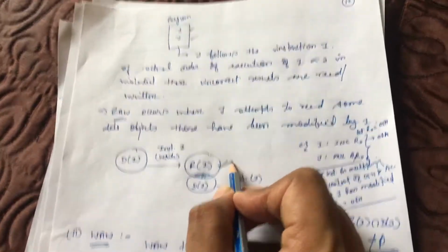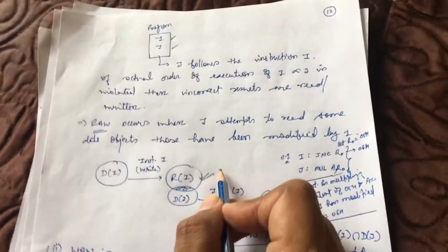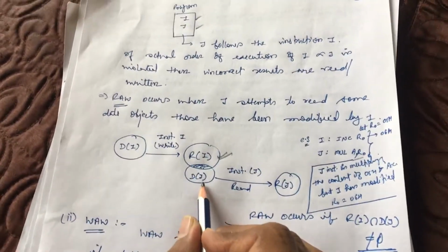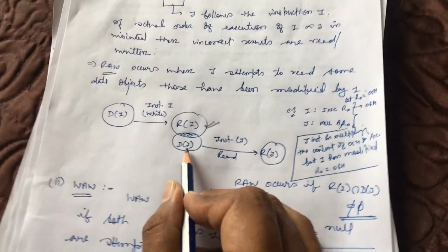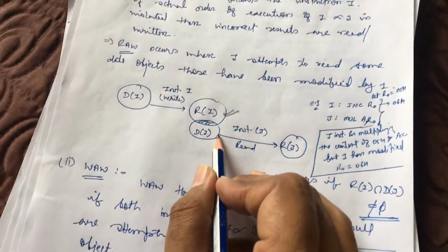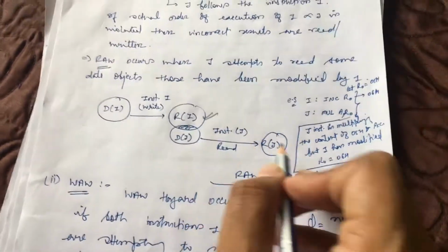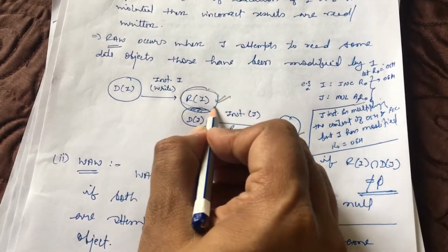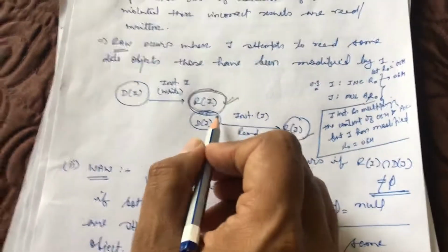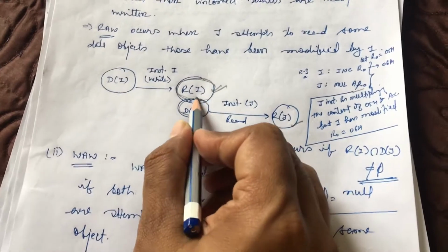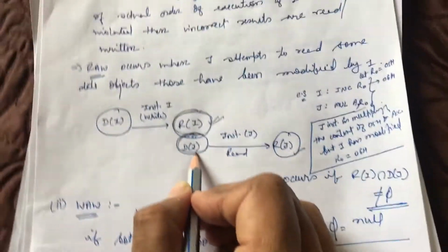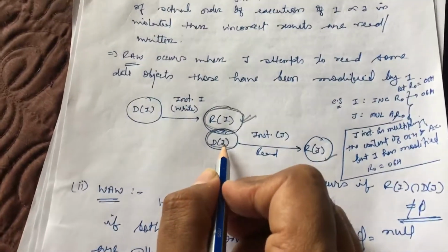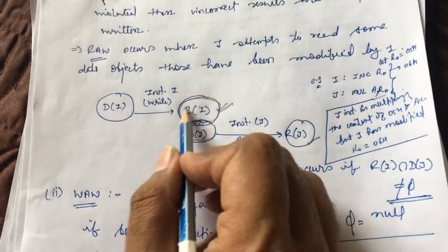The output becomes Ri, and this data is being read by the J instruction whose input set was Dj, and corresponding to the read operation the output becomes Rj. So actually the processor was going to read this one, but it has changed.